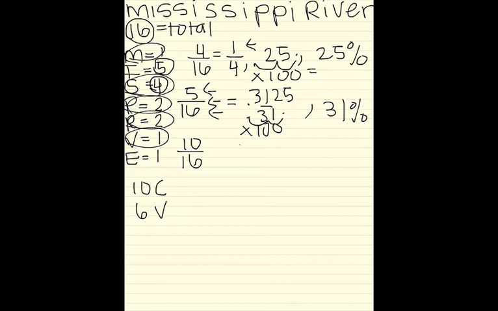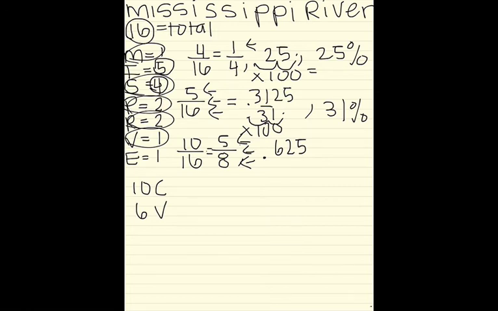So we're going to go ahead and reduce this by 2. 2 goes into 10 5 times, and 2 goes into 16 8 times. Now we're going to get the decimal by dividing on the calculator, 5 divided by 8. That gives us 0.625.